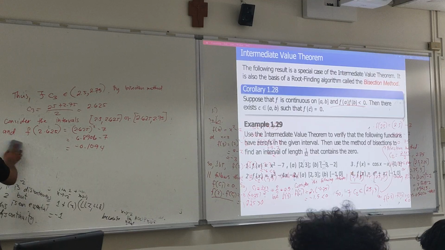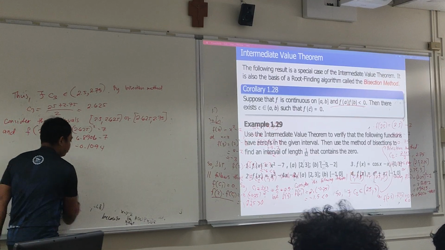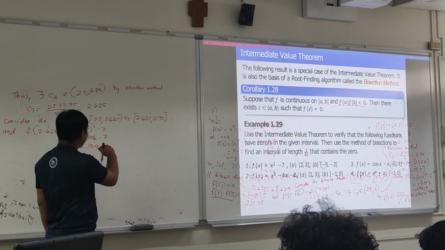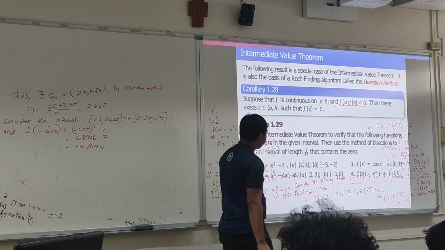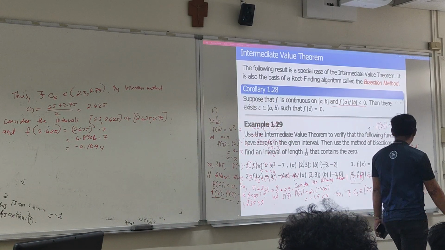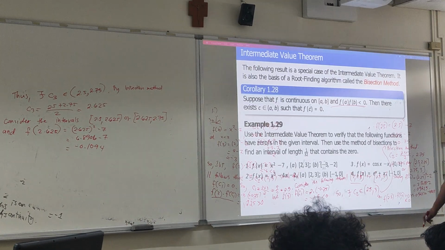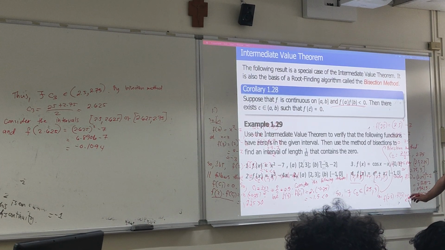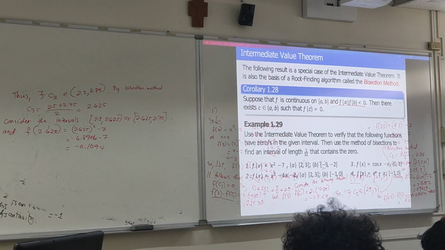So F of 2.625 is negative. So between F of 2.75 and F of 2.5, F of 2.5 is negative, so F of 2.75 is the positive one.